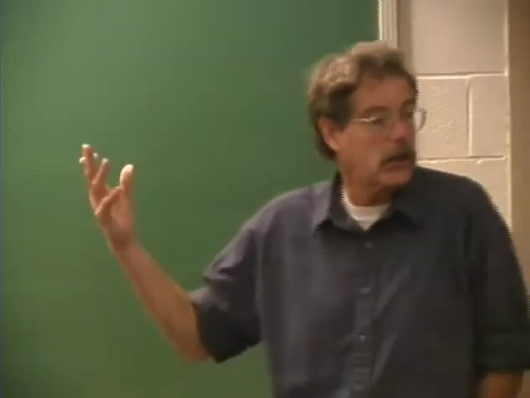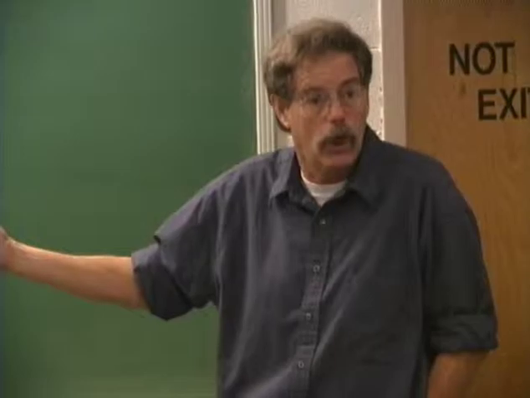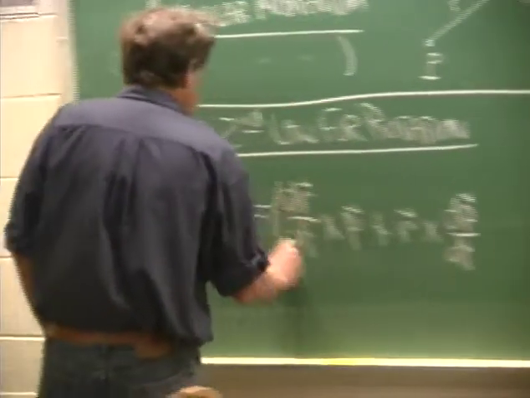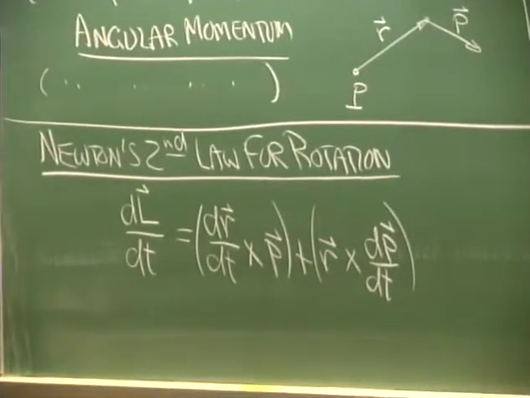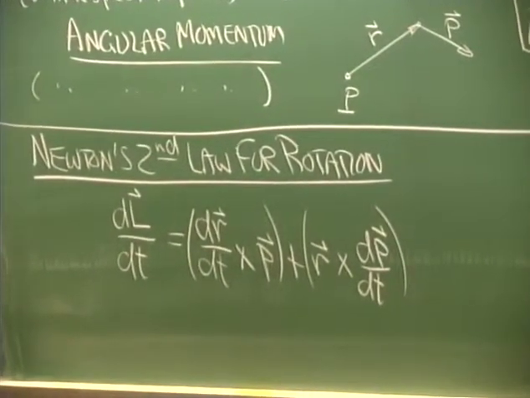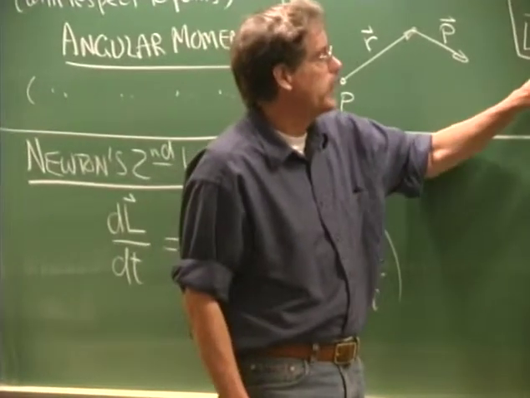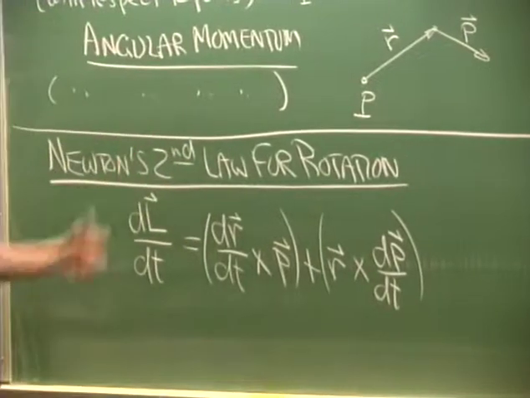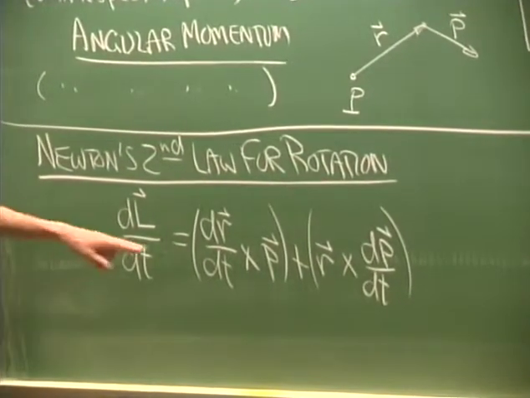So it is actually the product rule quoted 6 times over if you want. But the simple way to think of it is that the product rule for differentiation works just as well for cross products of two vectors as it would for the ordinary product of two functions. And the reason is that the cross product is nothing but 6 ordinary products, actually. So here are the two terms.